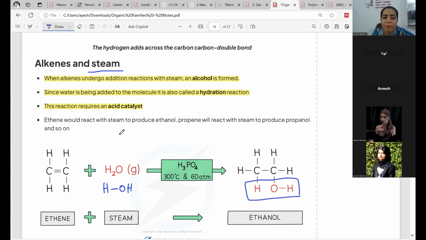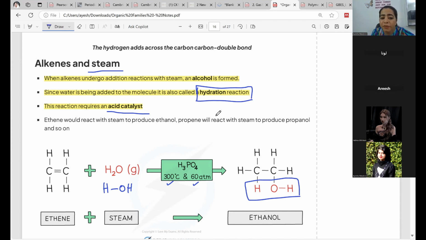For this we need a catalyst as well. An acid catalyst is needed to proceed with this reaction, and it also needs a 300 degrees Celsius temperature and 60 atm pressure. So temperature, pressure and catalyst, all three things are needed for this specific reaction. This is the addition of water reaction, known as the hydration reaction.